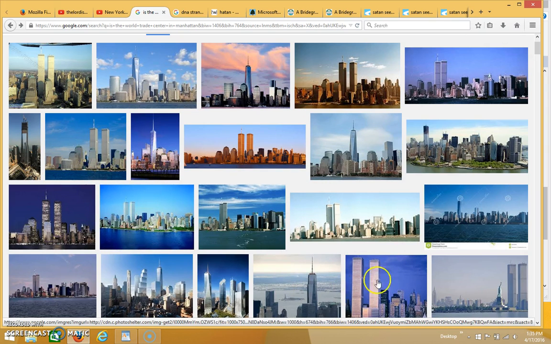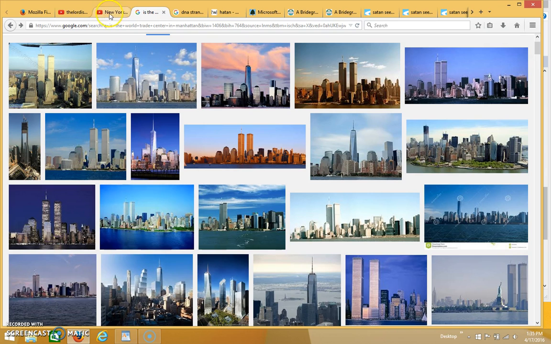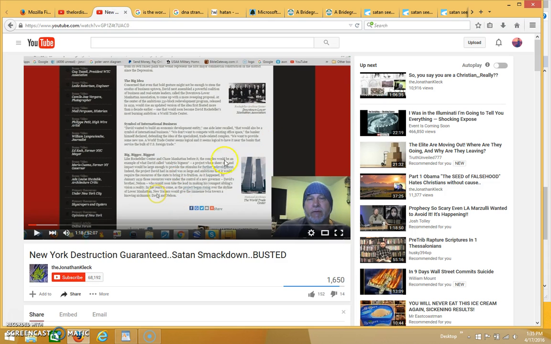That's what it looks like, because sometimes you see the two, and sometimes you see the two twisted together into the Freedom Tower, into one. So that's another thing I wouldn't have thought of if I hadn't seen this video by Jonathan Kleck. But there's a lot more that I'll just keep going back to the video to point out. But that's just one more thing.